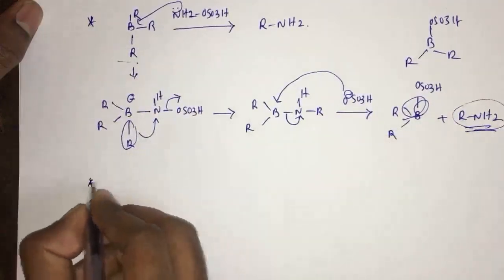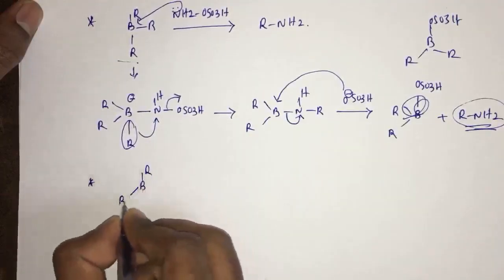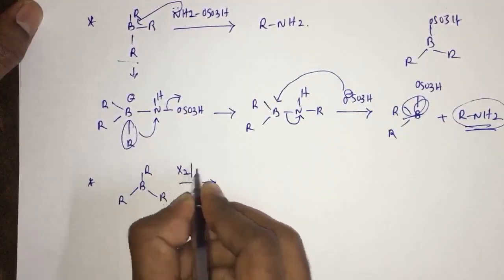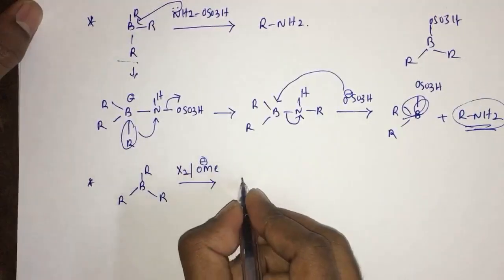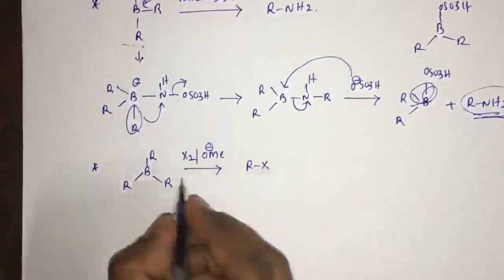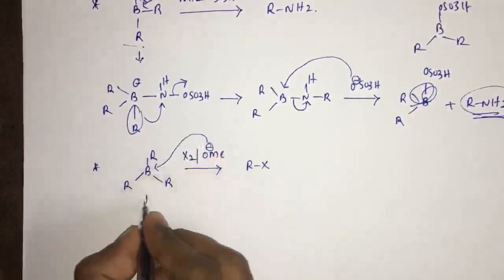And then when we treat alkyl boranes with X2, meaning a halogen, in the presence of methoxide, in this case we'll get alkyl halides, and we'll see how the mechanism goes. Initially this OMe attacks the boron.